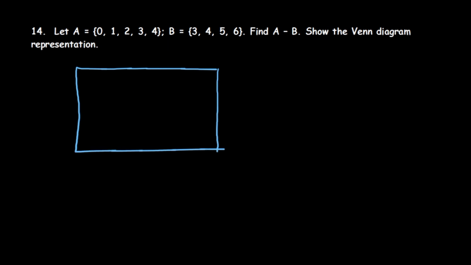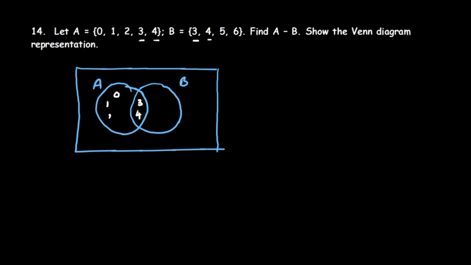Okay, this is set A, set B. For the elements, what is common in both? 3 is common, 4 is common. The 3 I will take here, 3, 4. Now this side I have 0, 1, 2, okay, and set B I have 5, 6.